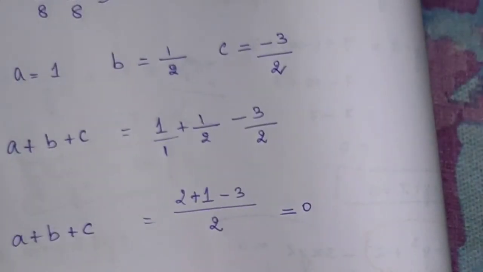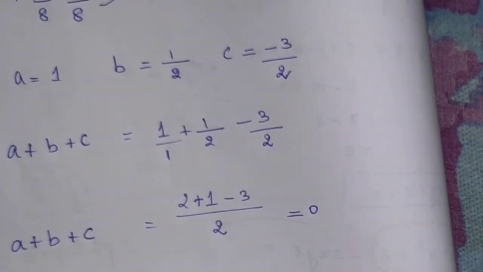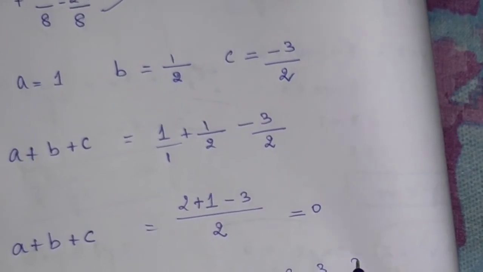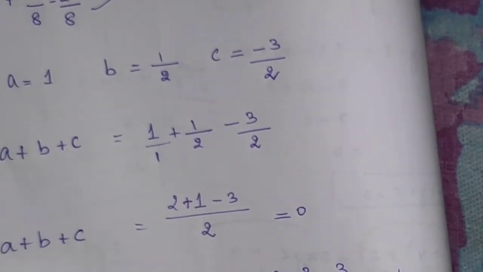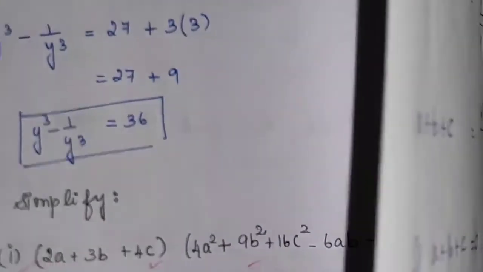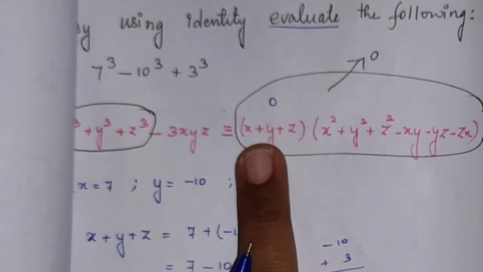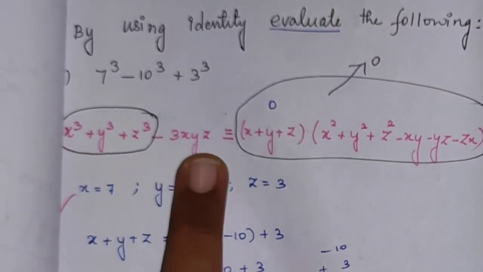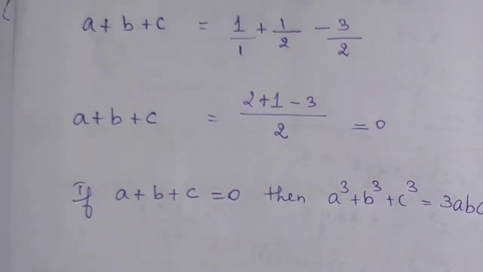If a plus b plus c is equal to 0, then a cube plus b cube plus c cube is equal to 3abc. That is the previous problem I explained. So if this is 0, the whole term will become 0. So x cube plus y cube plus z cube will be equal to, take this minus 3xyz to the other side. Okay, so it will become plus 3abc. This is what we are doing.